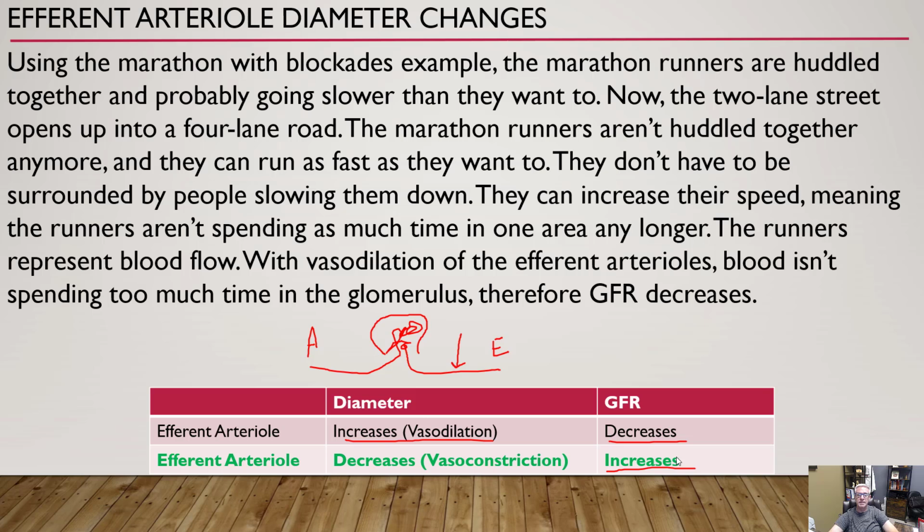So vasoconstriction of our efferent arteriole will lead to an increase in our GFR. So I hope those two concepts make sense. If not, please let me know.